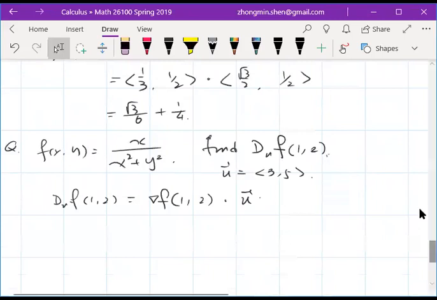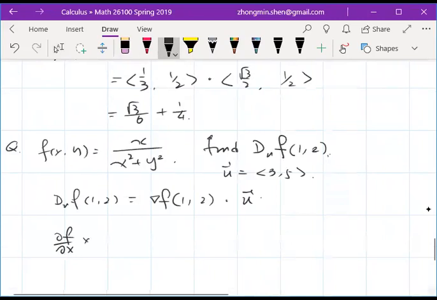Okay. So I have to find the partial derivative. The partial derivative is a little bit complicated. The derivative of a function with respect to x and y. So you have to use the quotient rule, right?